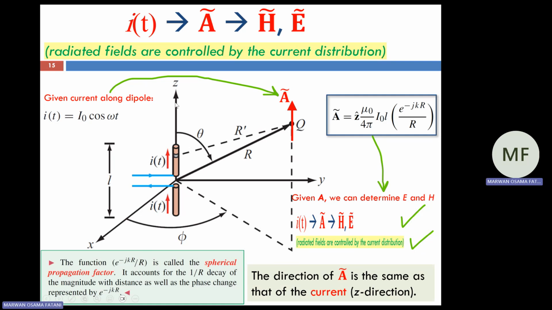So the radiation is actually controlled by the current distribution, how distributed the current is, because the current is not really constant over this whole conductor, this whole antenna along the length L. It actually varies.